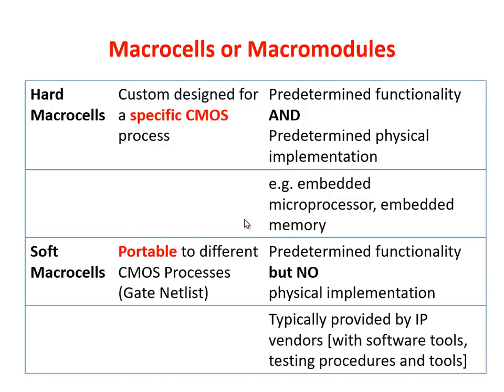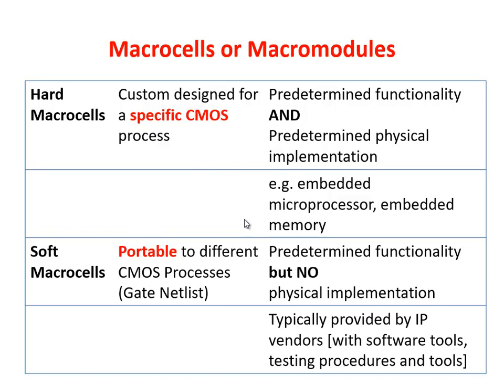Regarding the macrocells and the macromodules, the large cells, there is an important distinction to be made between so-called hard and soft macrocells. Because, let's say, one possibility is to design a macrocell down to the layout level, so a macrocell which is designed for a specific CMOS process. Okay?